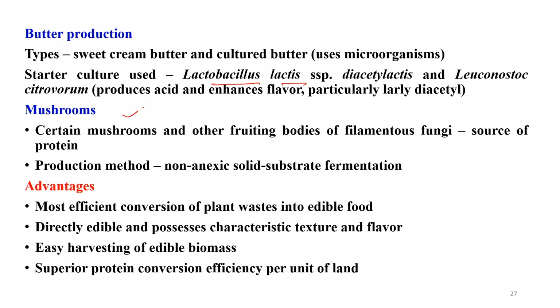In addition, in the fermented food, one common product is the mushroom, where you are able to convert solid biomass into the form of mushrooms. They are also a good source of protein, and they are mostly produced by a non-axenic solid substrate fermentation process.